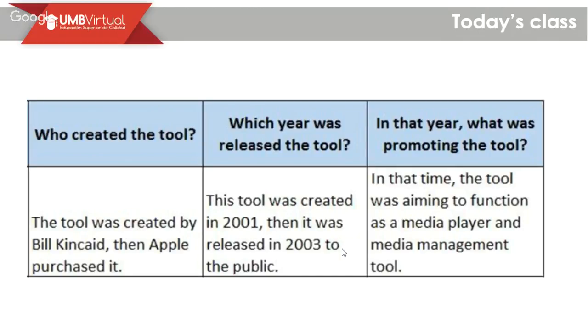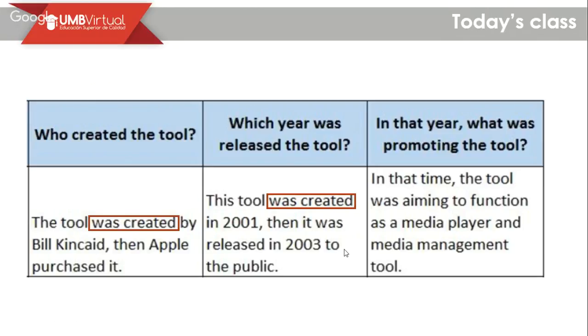So, going back to your assignment, you remember the table I showed you at the beginning of the presentation? Here you can see the example provided by us teachers. In here, for example, we have used simple past to say the tool was created by Bill Kincaid, or this tool was created in 2001.